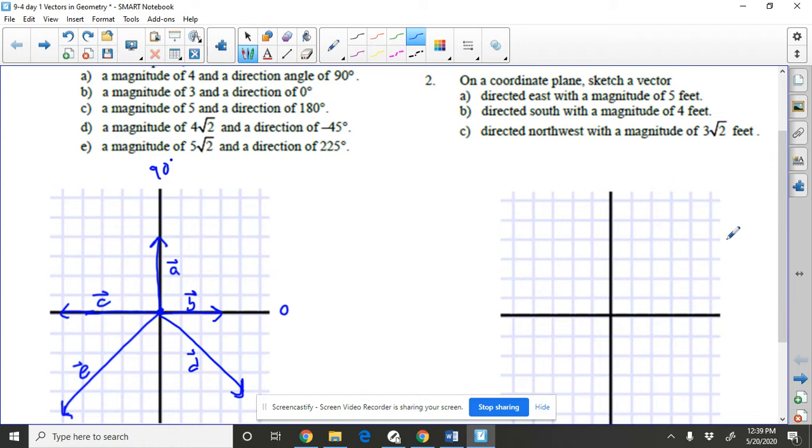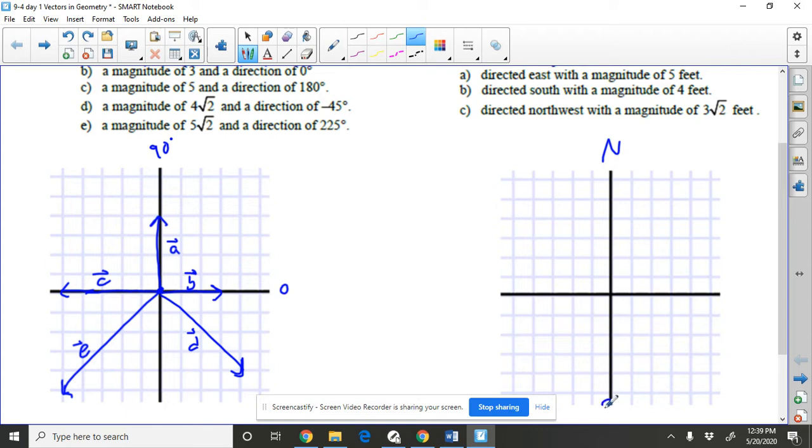We can also think of vectors with directions. So here, this vector is directed east with a magnitude of 5 feet. So if I have north, south, east, and west on here, east with a magnitude of 5 means I'm going to go 1, 2, 3, 4, 5 in that direction.